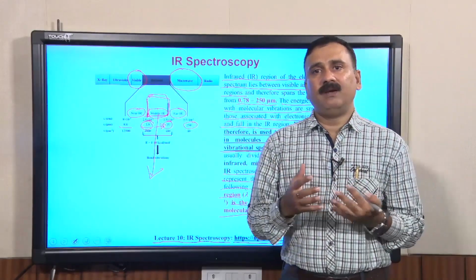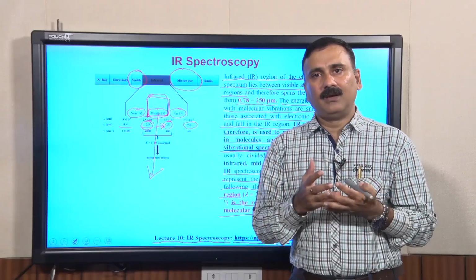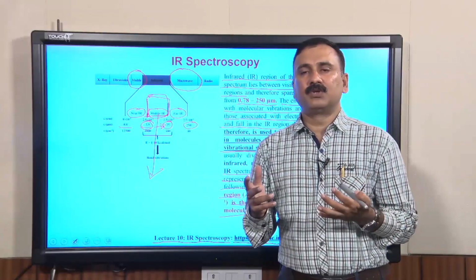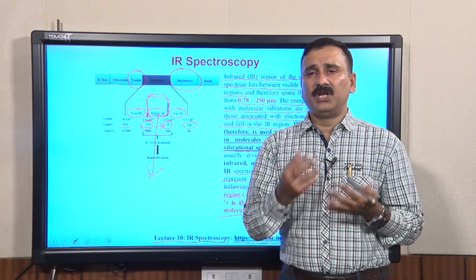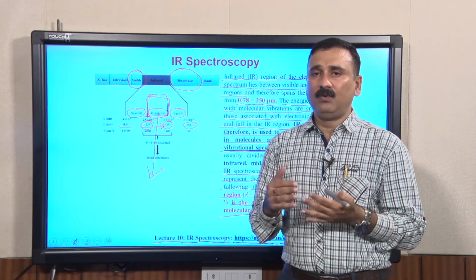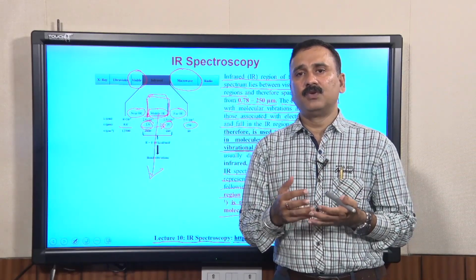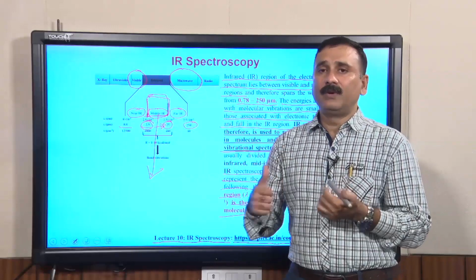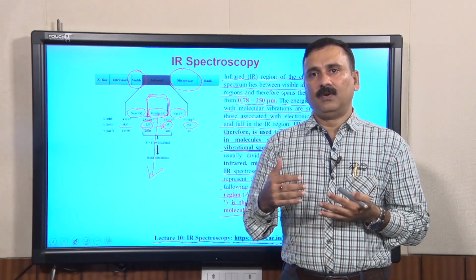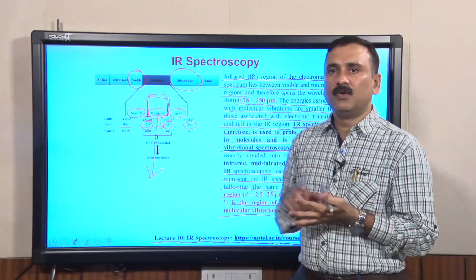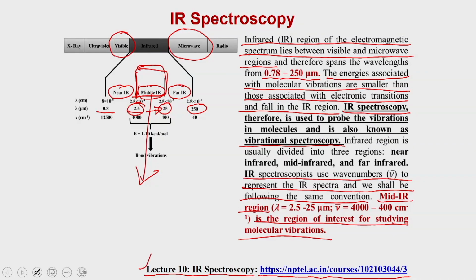What I am showing you is a very small overview of IR spectroscopy and how it can be used, so that if you are interested in using IR spectroscopy to characterize functional groups, you will be able to do that. But if you are interested in learning more, I suggest you go through lecture 10 of our NPTEL lectures, which will give you more detailed information about IR spectroscopy.